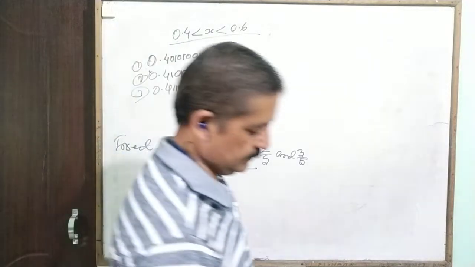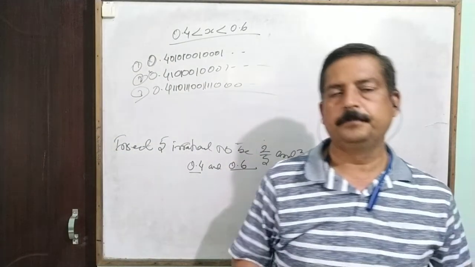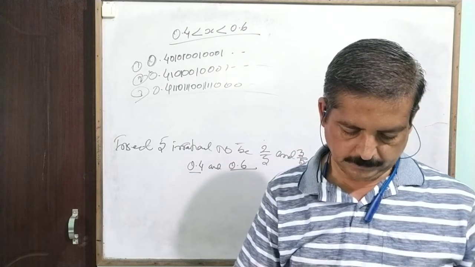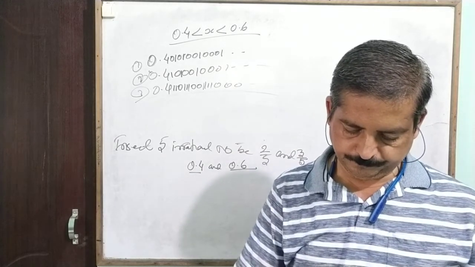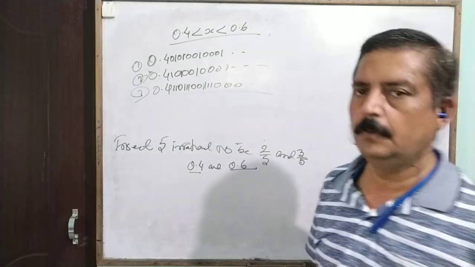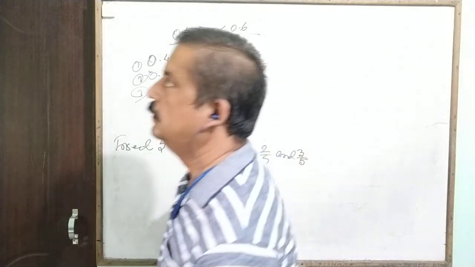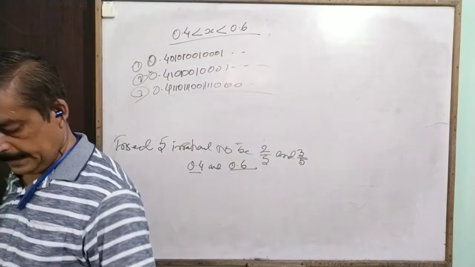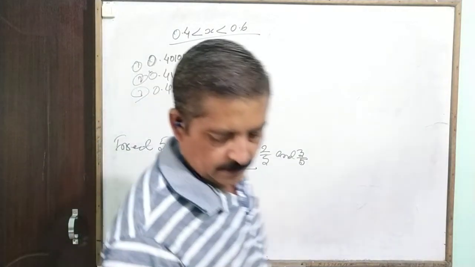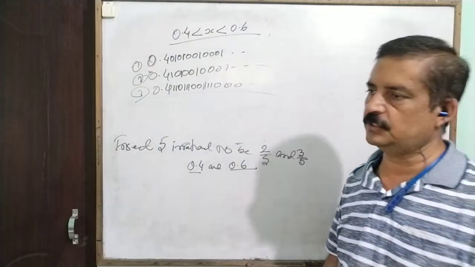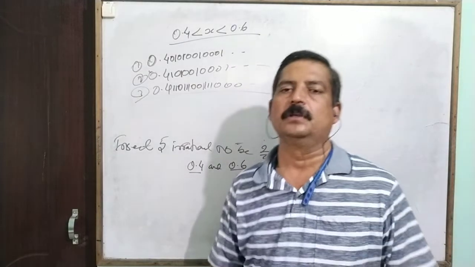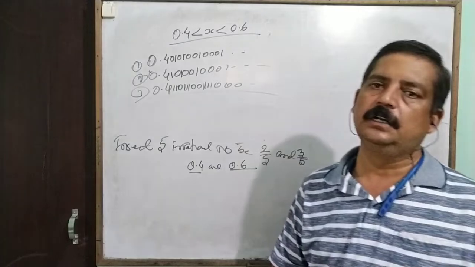So in the next class we'll discuss rationalization of the denominator. But before that, we first discuss the exponents of real numbers, and then use them in rationalization of the denominator.